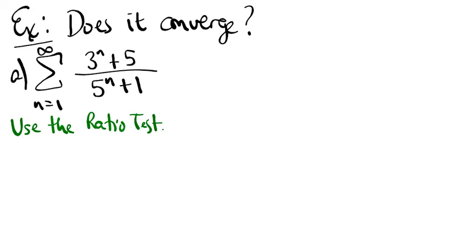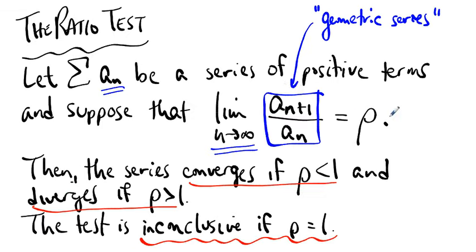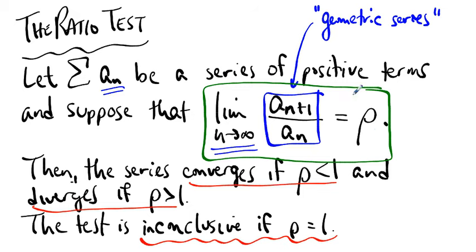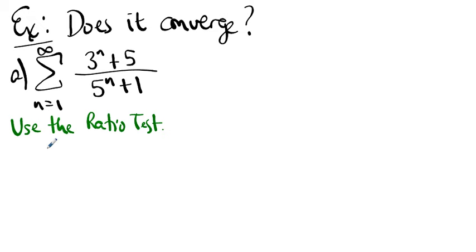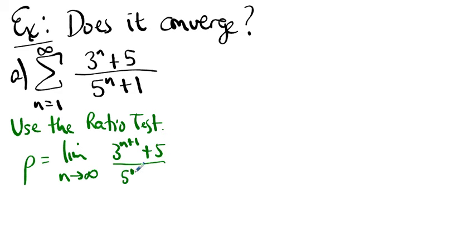And to do the ratio test, we need rho. And that's the limit as n approaches infinity of the n plus 1th term over the nth term. So there's rho.